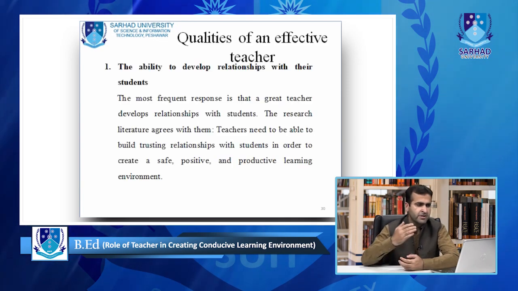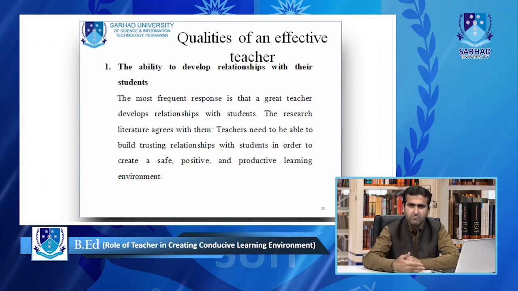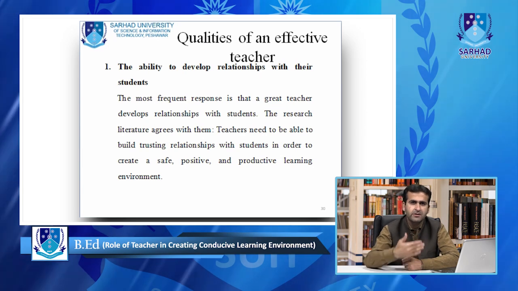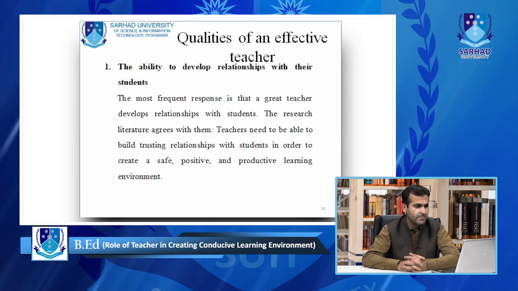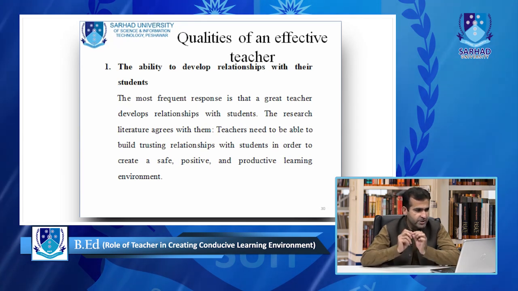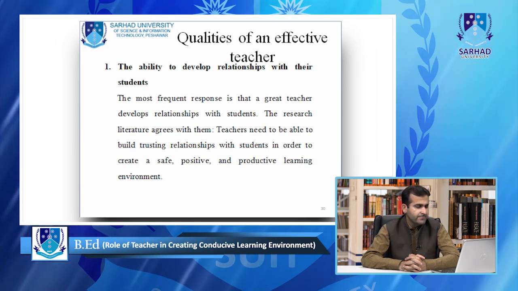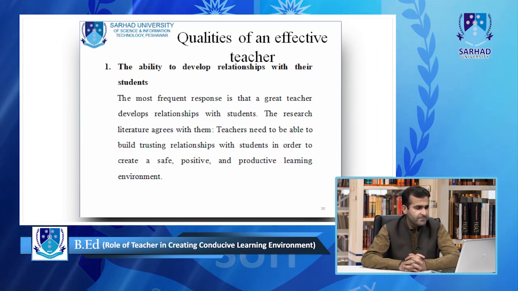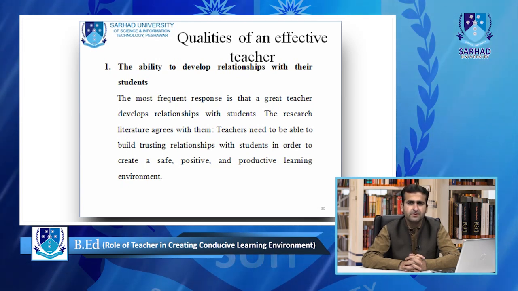So, what are the basic qualities of a teacher due to which his class will become more and more productive, more and more fruitful, and more and more conducive for learning? First quality of an effective teacher: the ability to develop relationships with their students, the establishment of relationship.